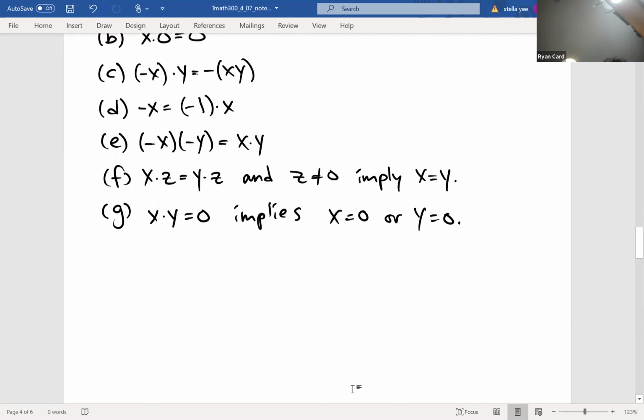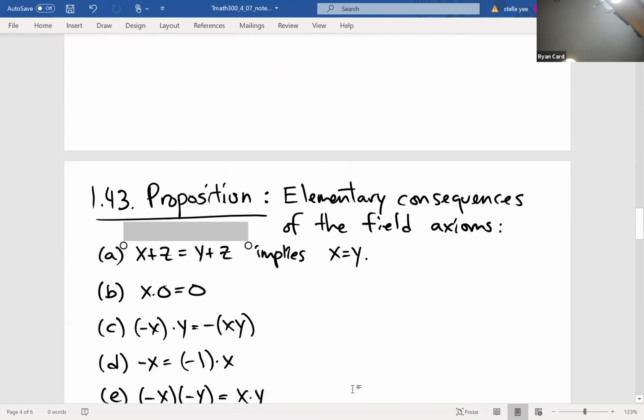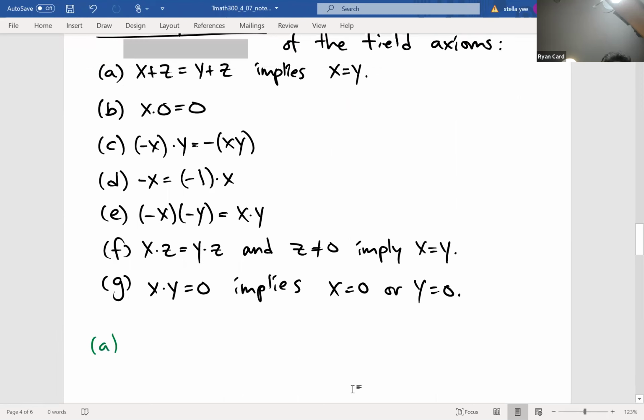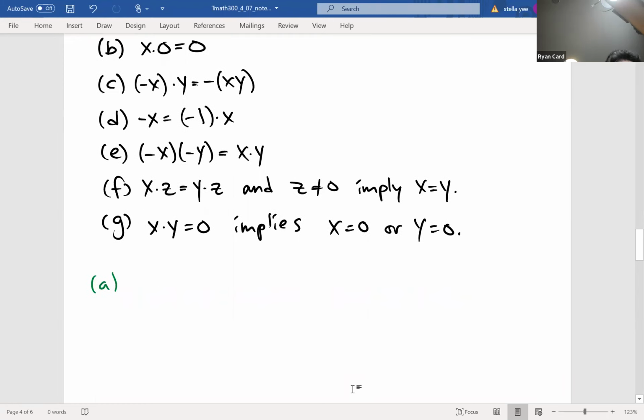Okay, so let's prove part A. I want to prove that x plus z equals y plus z implies x equals y.